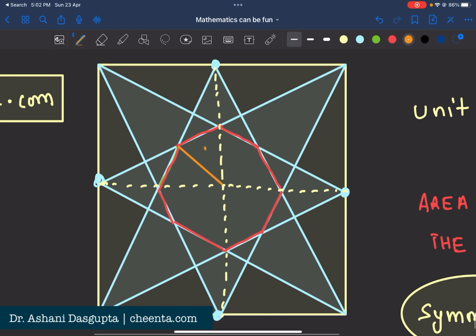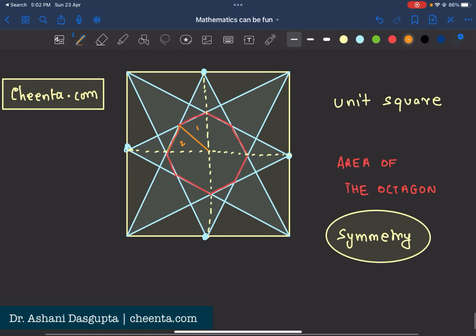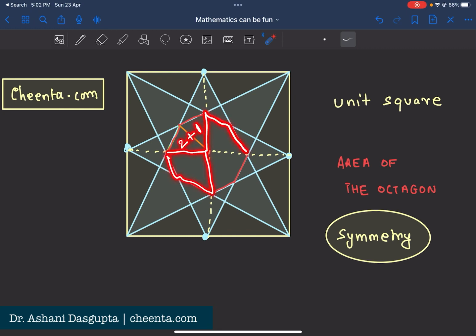This is 1, this is 2. This is the smallest piece of the cake. If you can find the area of this region, then we can just multiply this by 8 and we get the final answer. And by symmetry, 1 is equal to 2, and 1 plus 2 is equal to this piece, and that's equal to this piece, and that's equal to this piece.